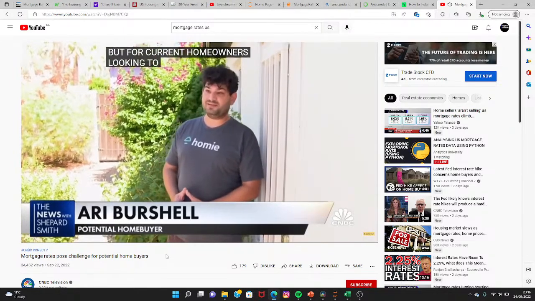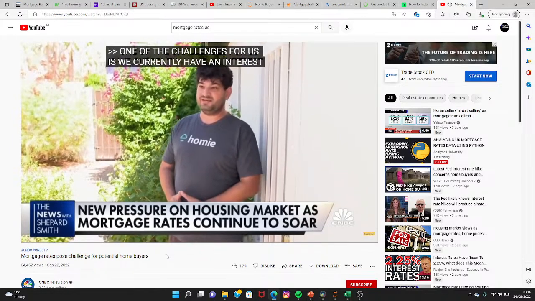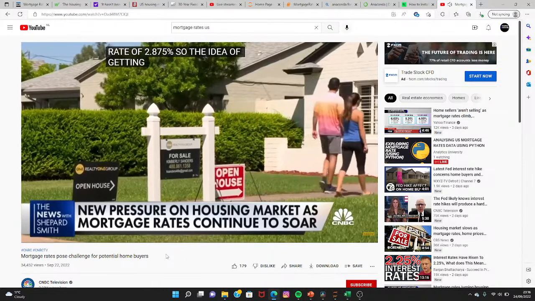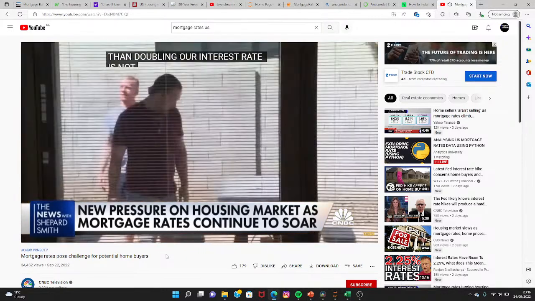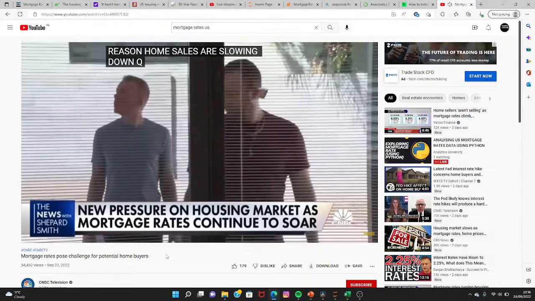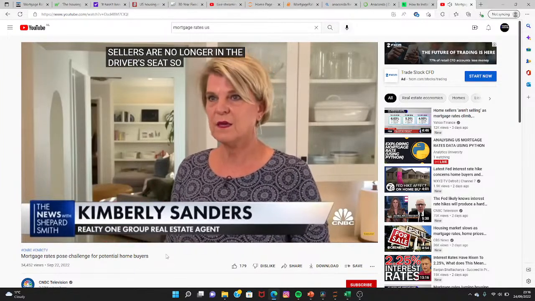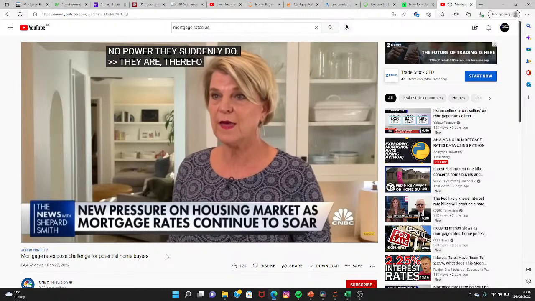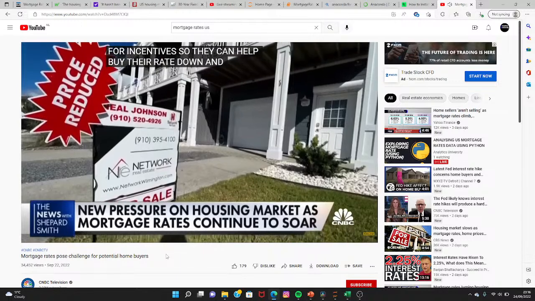And so the idea of getting a bigger house and more than doubling our current interest rate is not particularly appealing. That's the main reason home sales are slowing down so quickly. Sellers are no longer in the driver's seat, so buyers who had no bargaining power during the red-hot housing market suddenly do. They are asking for incentives to help buy their rate down, and they're asking the sellers for that incentive on top of their offer. And prices are finally coming down.